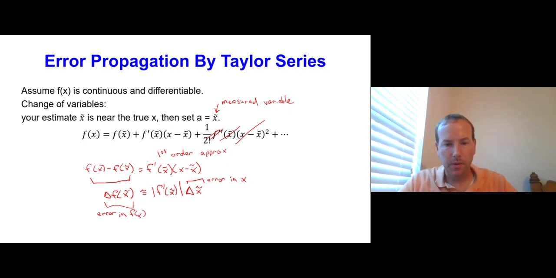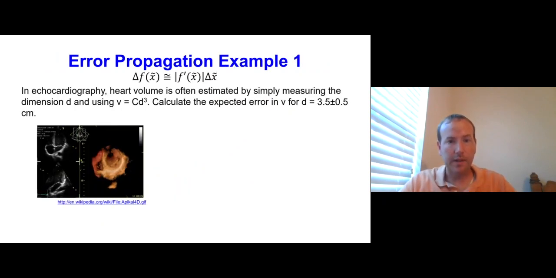Okay, so we'll be using this equation now in order to compute how error propagates in various different cases. To give you an example of this, we're going to do a biomedical example now. In echocardiography, they're trying to image the heart, and often they don't have a full 3-dimensional reconstruction of the heart. Instead, they have a 2-dimensional slice. And based on the dimension in 1 dimension, they're trying to estimate a volume in 3 dimensions.